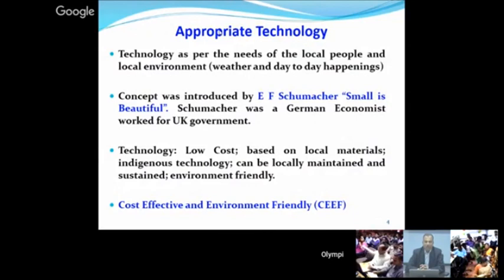By and large, my friends, it should be low cost, based on local materials, indigenous technology that can be locally maintained and sustained, and environment friendly. I will give an example of how technology fails in our country. One of my friends at IIT Delhi was conducting research on solar refrigeration, and that equipment was brought from Germany.